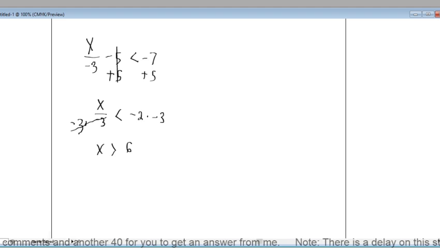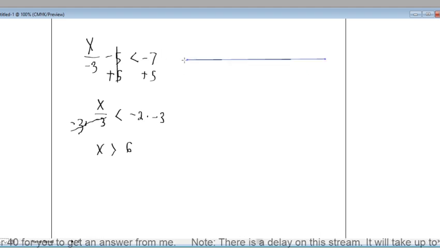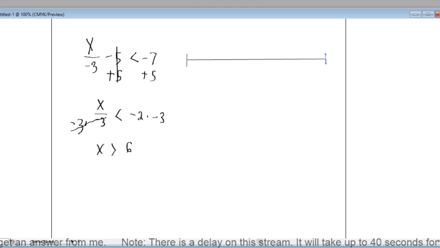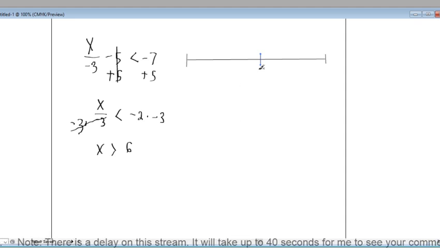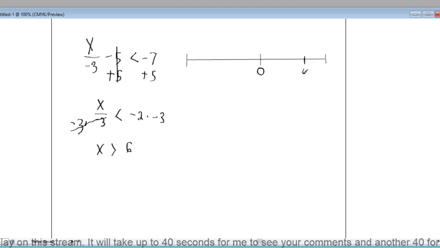So let's go ahead and graph that. Zero in the middle. Okay, 6 is, let's say, about right here. And x is everything larger than that.